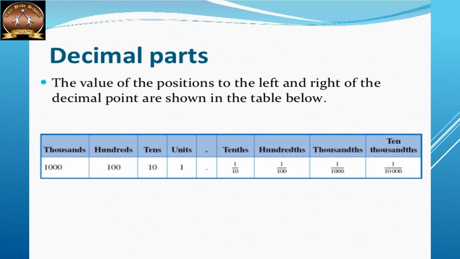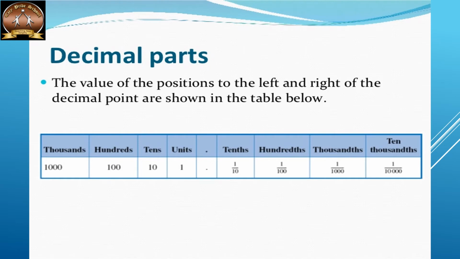It is 1 upon 10 into 1 upon 10, that is 1 upon 100. So further towards the right hand side, dividing by 10, 10, 10, that's how we get tenths place, hundredths place, thousandths place, and ten-thousandths place. Whereas towards the left hand side it is units, tens, hundreds, and thousands.